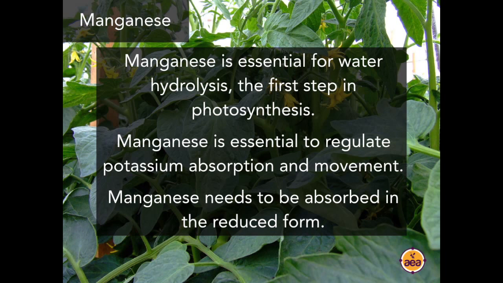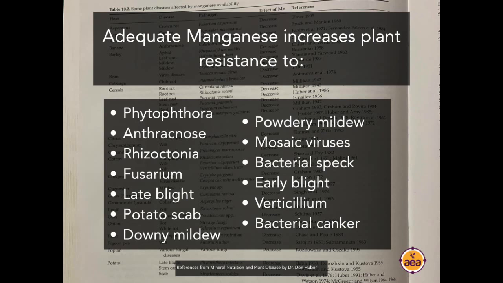Again, when we look at the diseases that manganese produces plant resistance to, it's a fairly extensive list: Phytophthora, anthracnose, rhizoctonia, fusarium, late blight, early blight, downy and powdery mildew, bacterial speck.